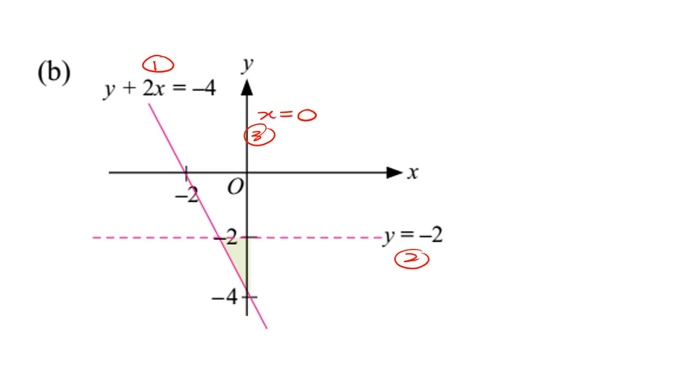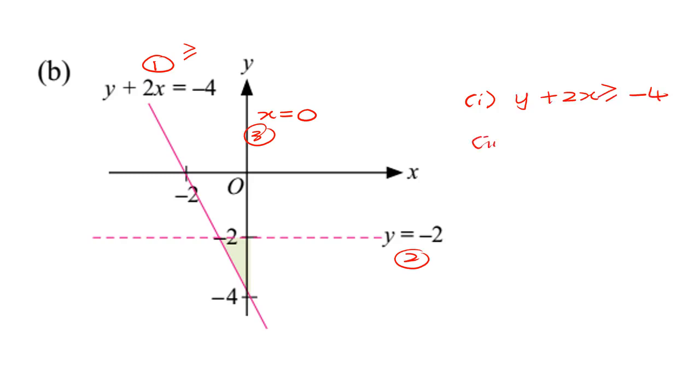Okay, now we can write the inequalities. For the first one, the shaded region is above this line, and the line is a solid line, so we use greater than or equal to. So the answer is y plus 2x greater than or equal to -4.